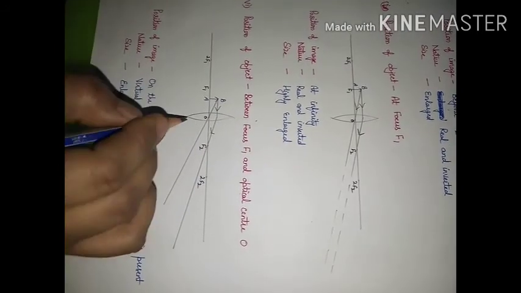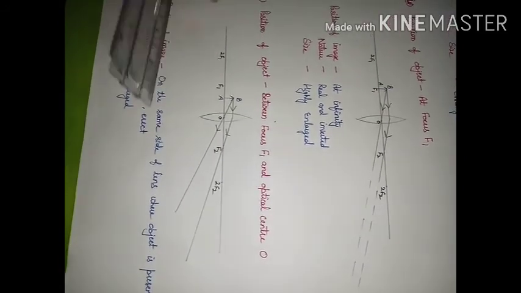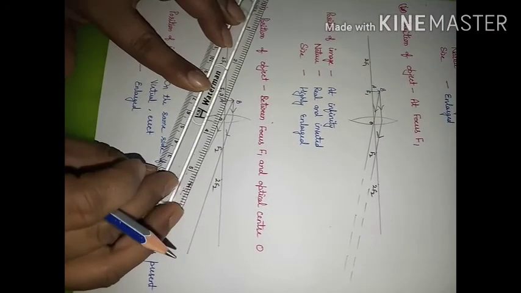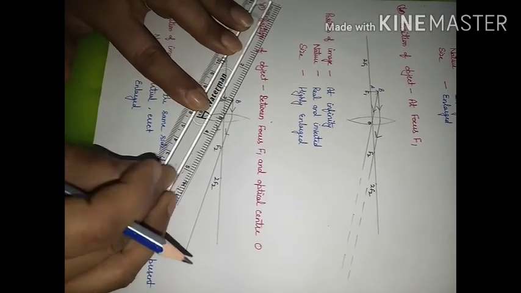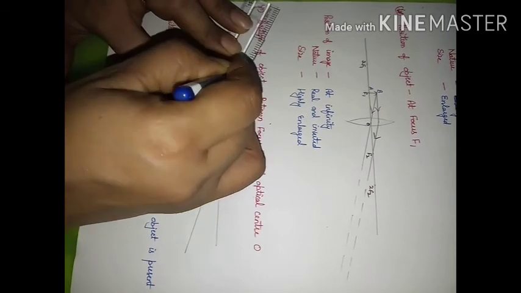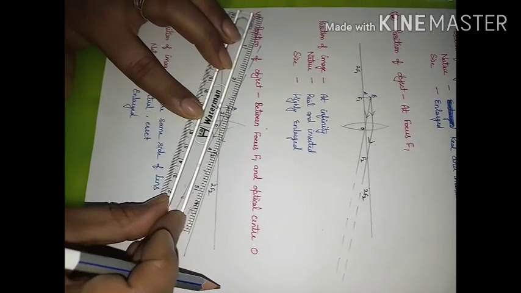So no chance that they will meet each other in the forward direction. So what we are going to do, we are going to produce them in the backward direction. Let us see whether they are going to meet or not.